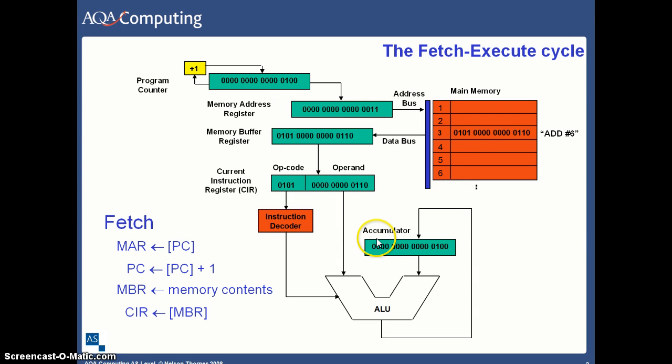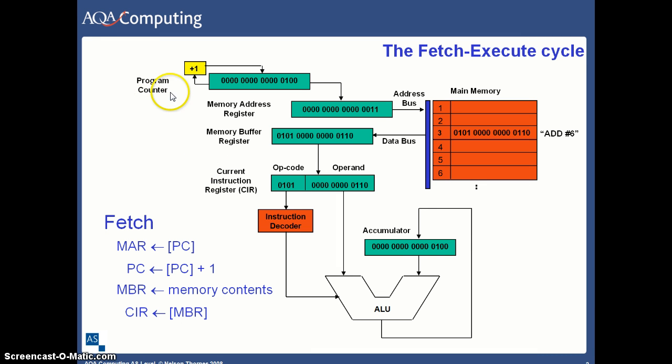So from the diagram again, if we just look at the different registers, remember a register is a very small area of memory, it's very fast, and it is on the processor itself. Registers tend to be either general purpose registers or dedicated registers.